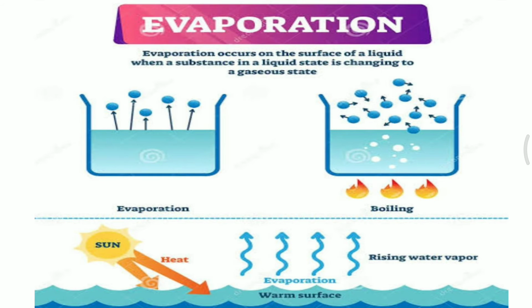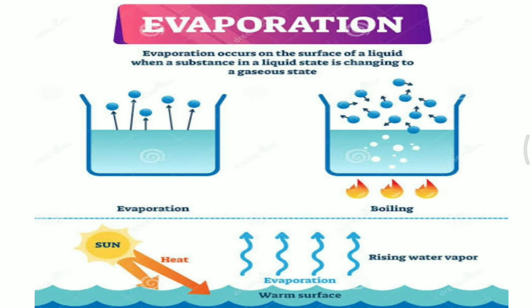Now, see how this entire process takes place in nature. When you are boiling any vessel containing water, water is getting converted into water vapor, and this change in state is taking place because of increase in temperature.